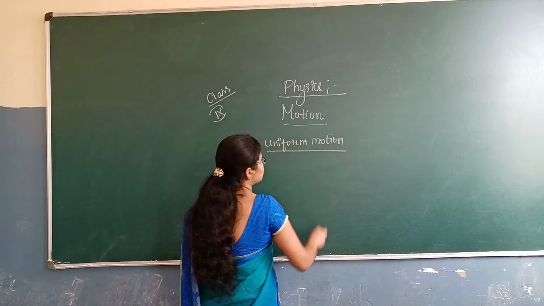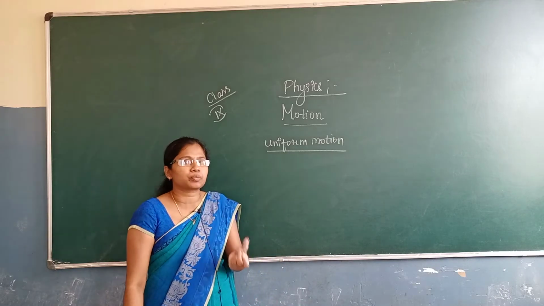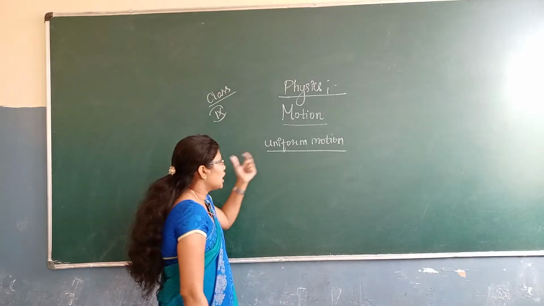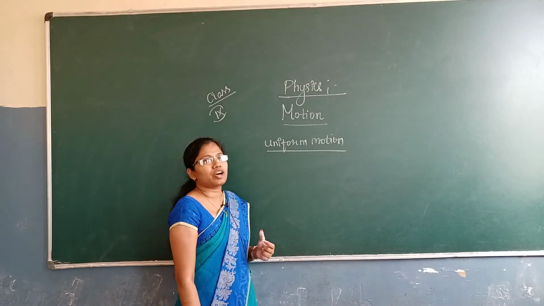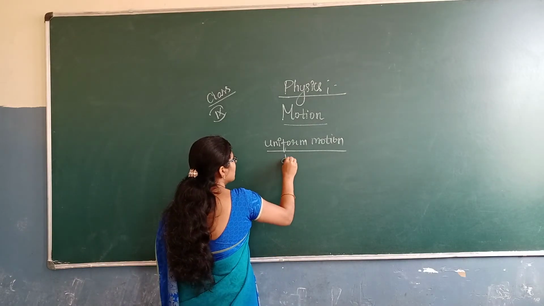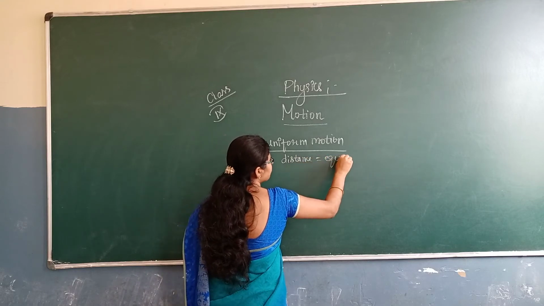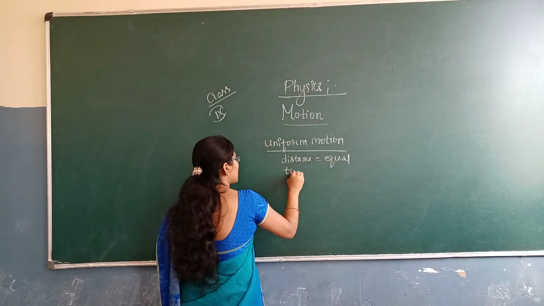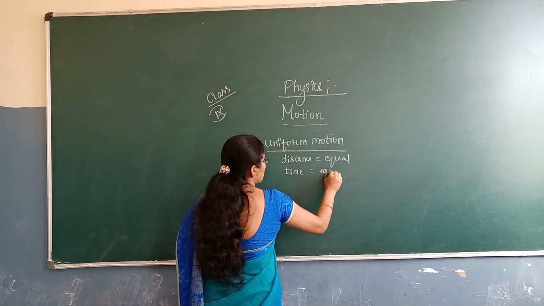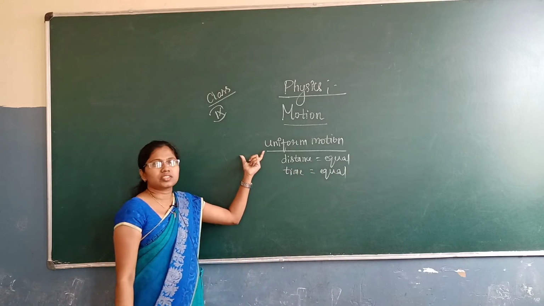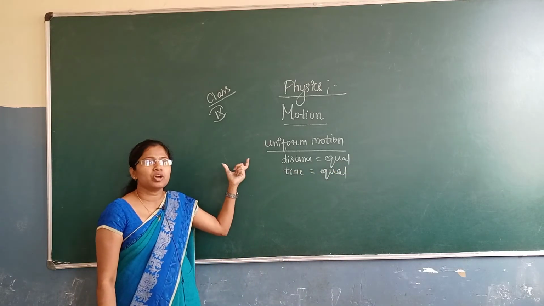The definition of uniform motion that I wrote is: in uniform motion, the distance will be equal and the time taken by the object is also equal, right?